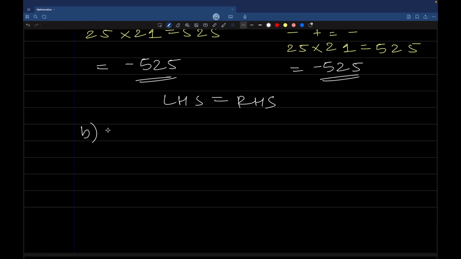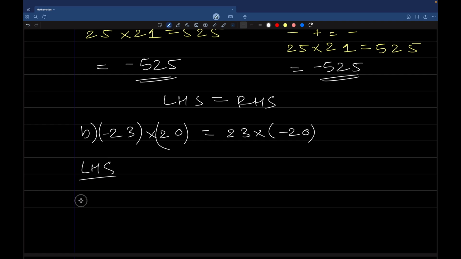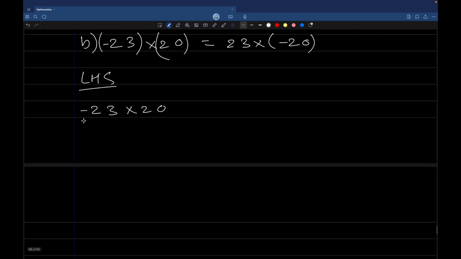Now let's check for B, that is minus 23 into 20 equals 23 into minus 20. We have LHS, minus 23 into 20, that is minus into plus is minus, and 23 into 20 is 460. So answer is minus 460.